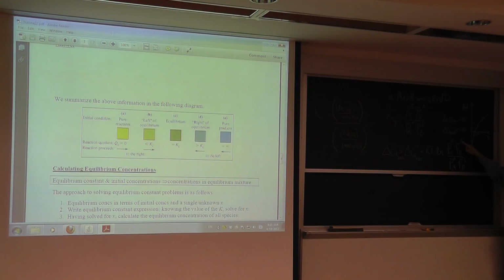Right. So therefore, this whole quantity is 0. No, you're only doing reactants. You don't have any products. Oh, you're saying pure reactants as in there aren't, okay. Got it. Okay? I'm happy to answer each and every question.